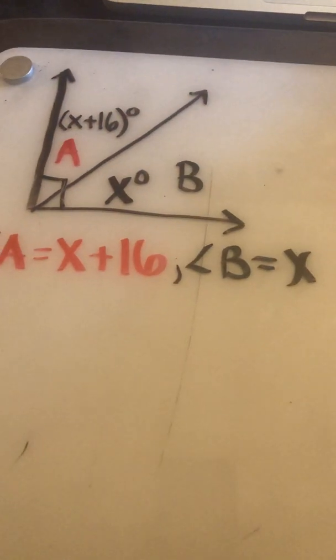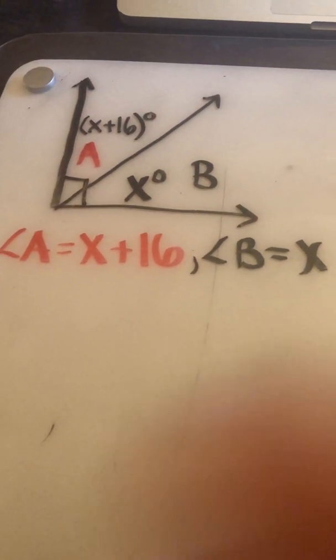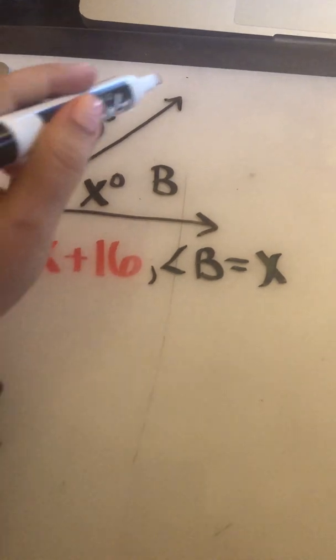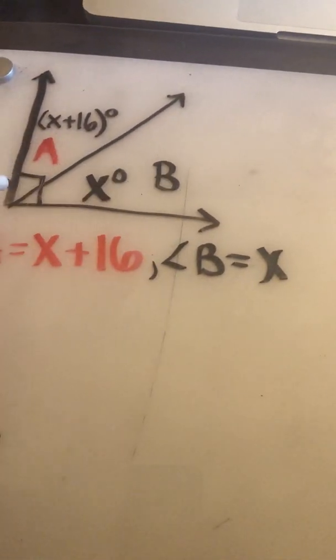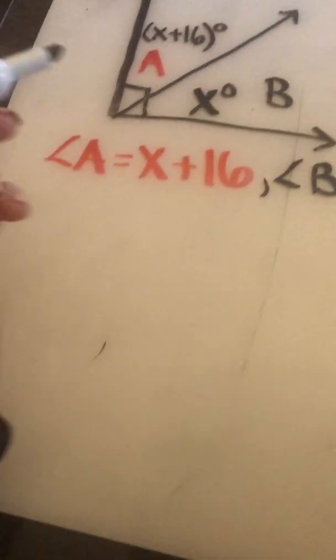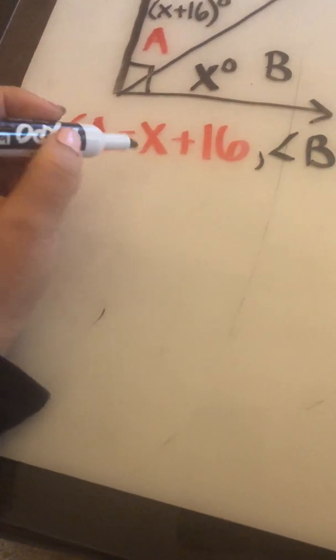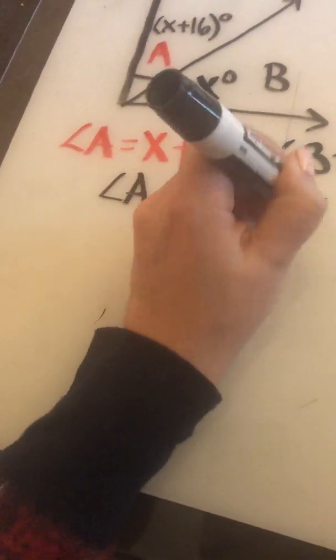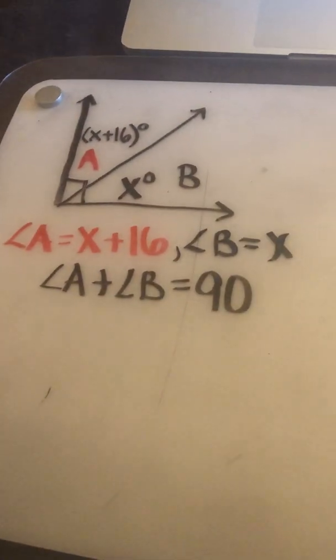The second step I want you to do is create the equation. Now, we just said that we know that angle A plus angle B is going to equal 90 degrees. So I'm going to write that down. Angle A plus angle B equals 90 degrees because they're complementary, right?